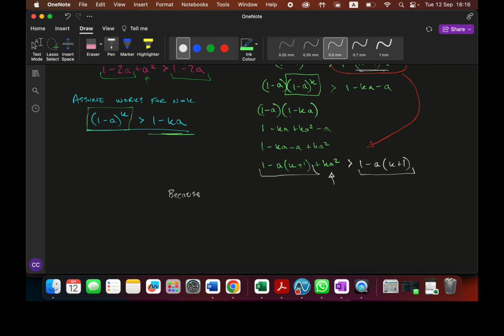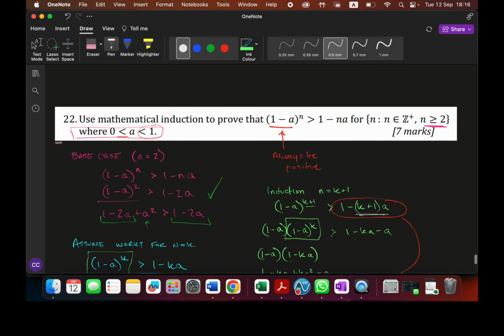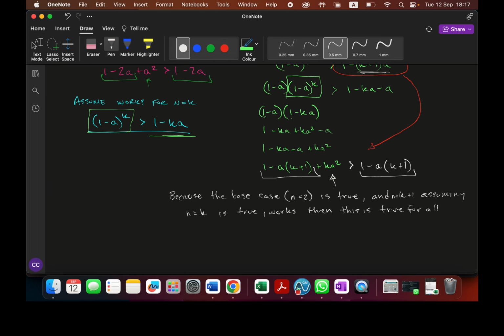So I would finish this by saying that because the base case, which is n equals 2, is true, and when n equals k + 1, assuming n equals k is true, works, then this is true for all n greater than or equal to 2, where n is an integer.